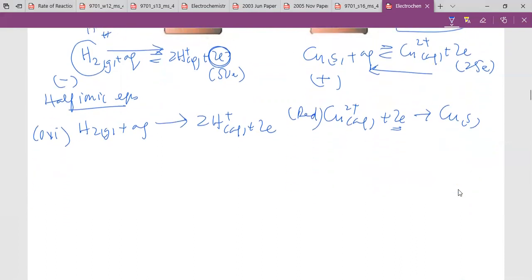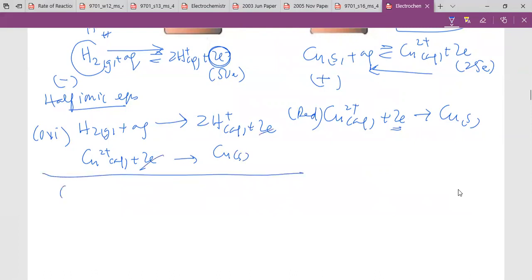Now the overall equation you can put either way. Let's say I put it over here: Cu2+ plus 2 electrons will give you copper solid. So the overall equation would be, you cancel off the electrons: Cu2+ aqueous plus H2 gas will give you 2H+ aqueous plus copper solid.